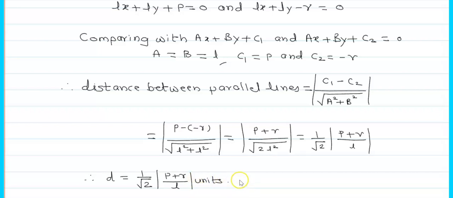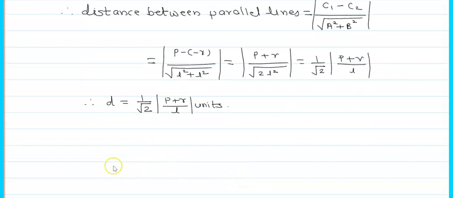Okay, this is the distance. Therefore, finally, we write the answer: d is equal to 1 upon root 2 in bracket p plus r upon L units.